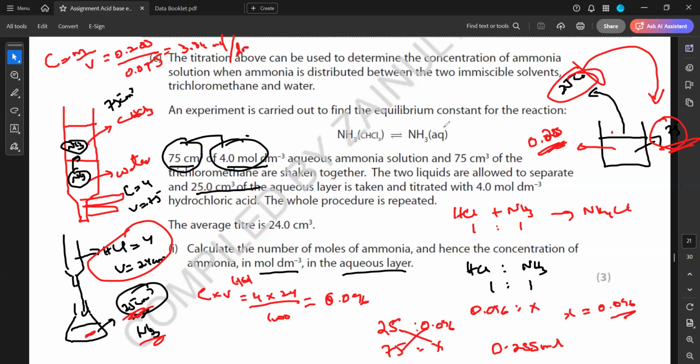Because the question was to calculate the concentration in the aqueous layer, and the aqueous layer was 75 cm cube. For the titration, we took only 25, but the total was 75. That's why we took a ratio that 25 contains this many moles, so 75 will be X. Is it clear?